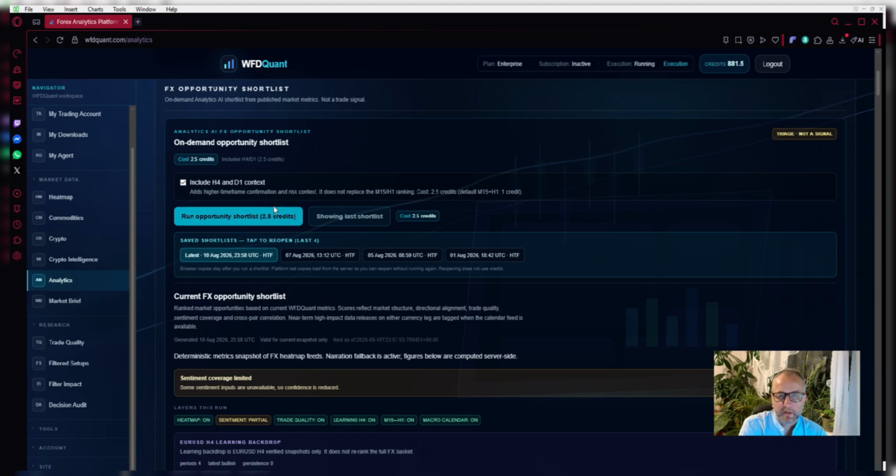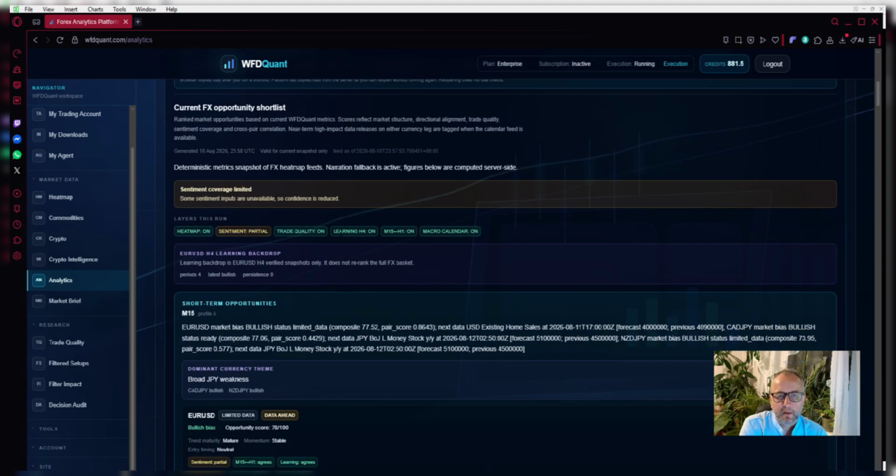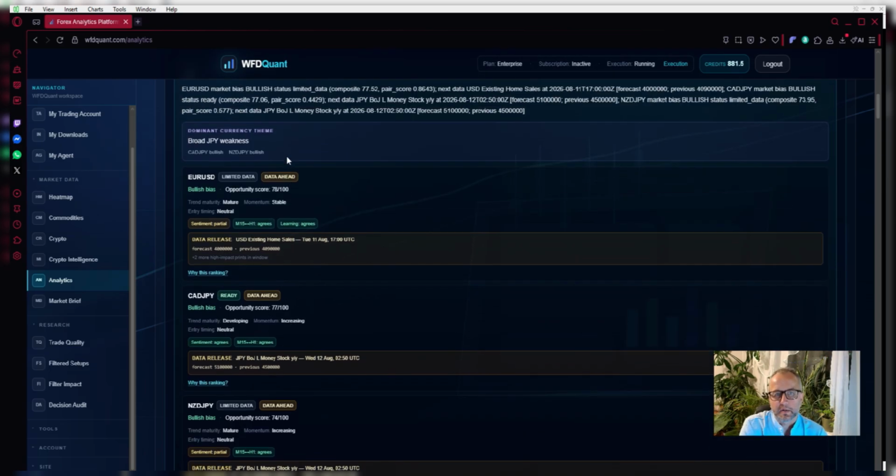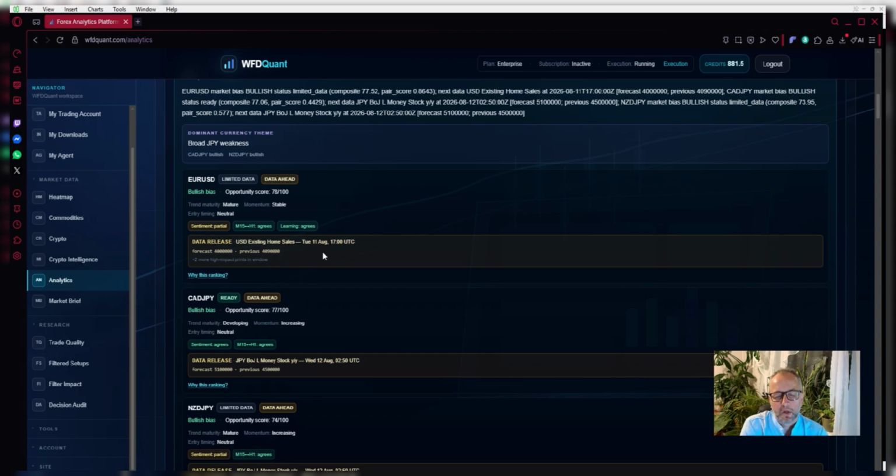When I generate that, including H4 and D1, I can see here JPY is weak on the 15-minute chart. It's a broad JPY weakness, actually dominant.